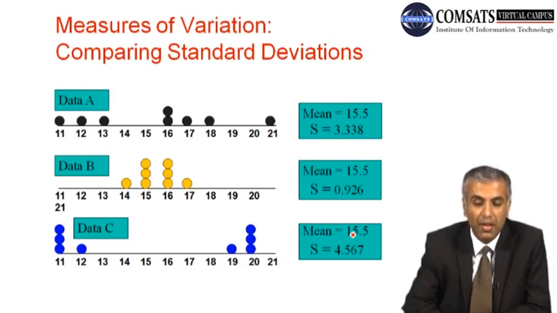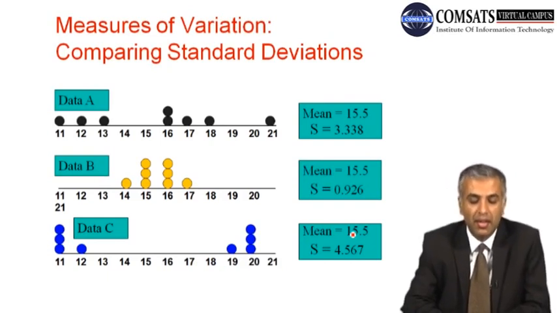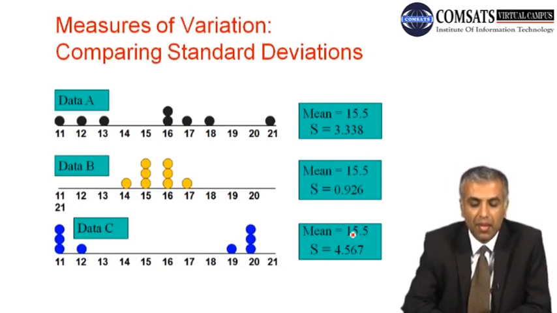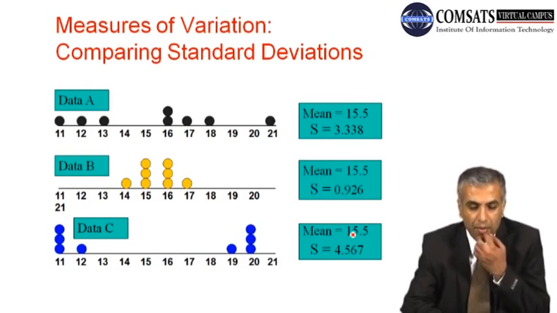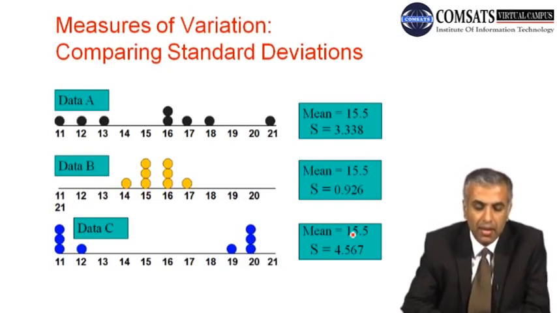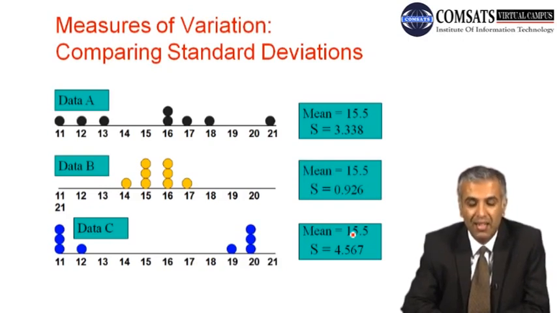Now coming to data B, it's evident that there is a set of values which are more centered, between 14 and 17 to be exact, and here the mean is the same as that of the previous data set, but the standard deviation is very low, which is 0.92.